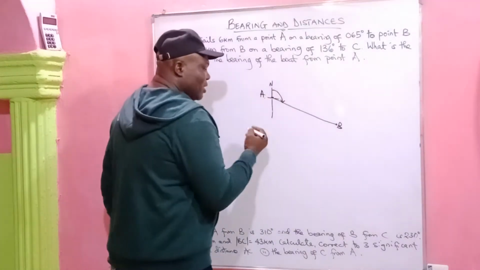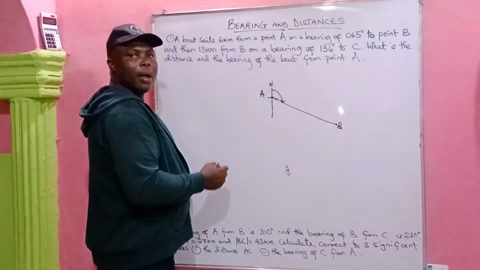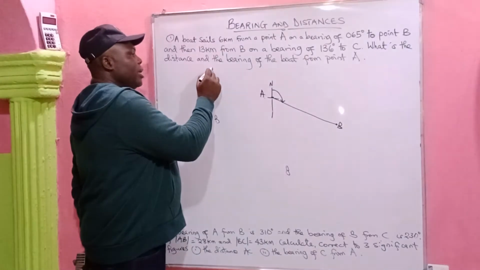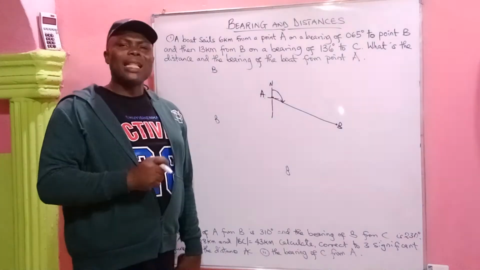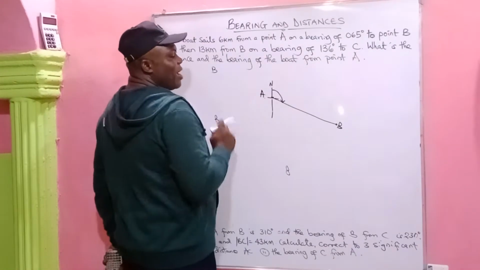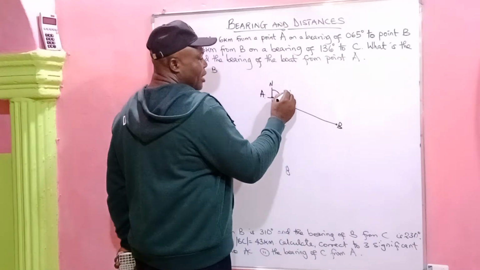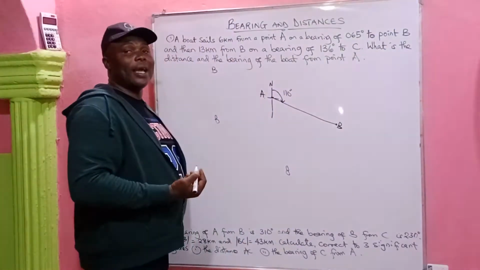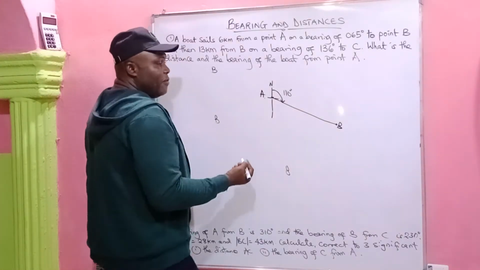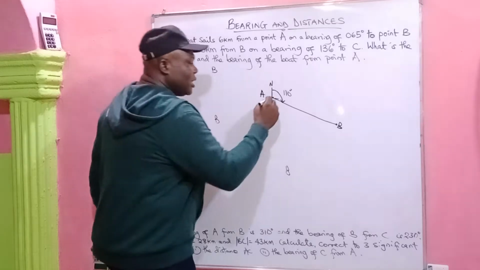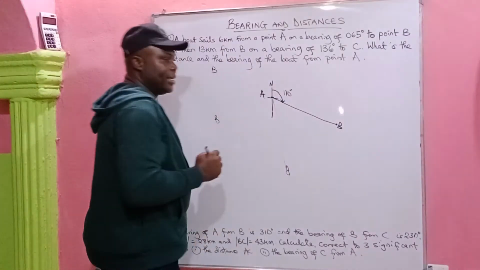Because B would have simply been here. B would have also been here. B could also be here. But it's the angle that pinpoints the exact location. Because this angle we have measured can be 110 degrees. So with 110, we know that B is towards this side. But if it is more, let's say about 170 degrees, we would have known that B is here.